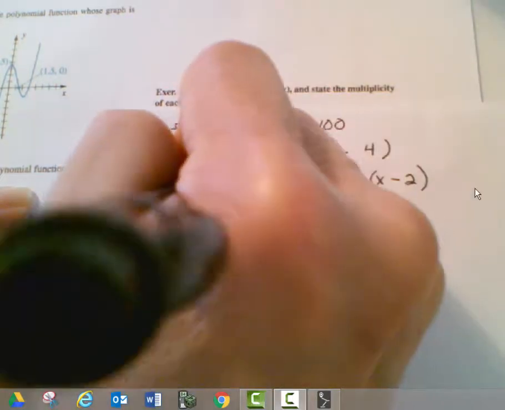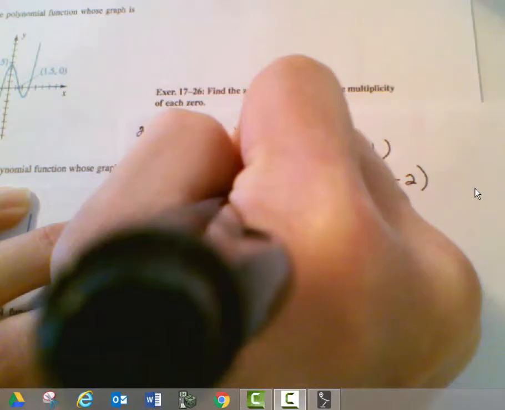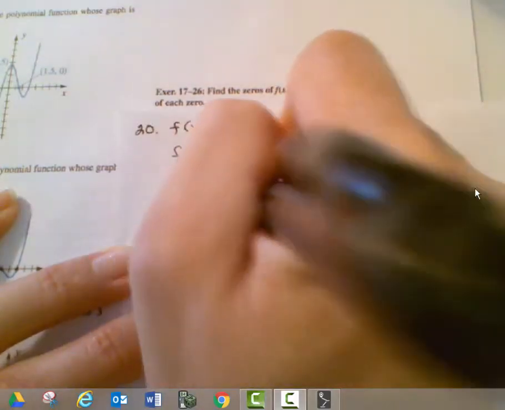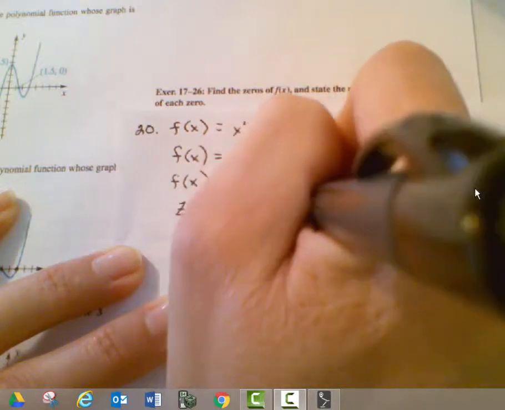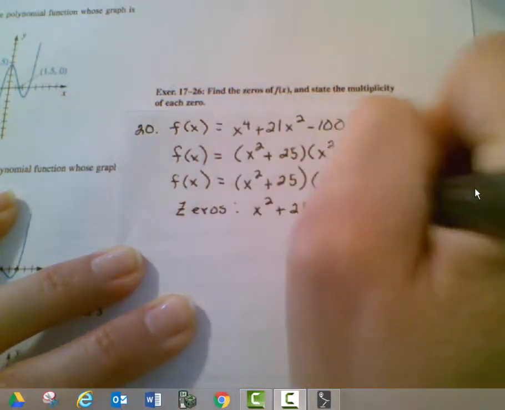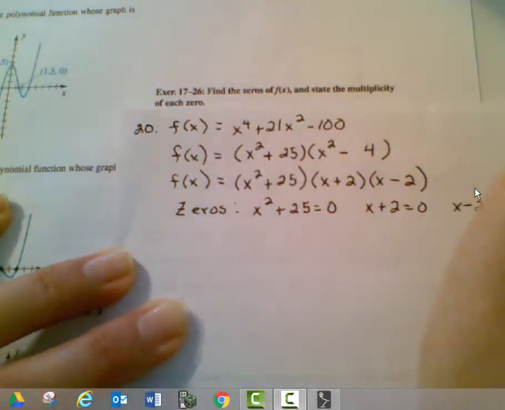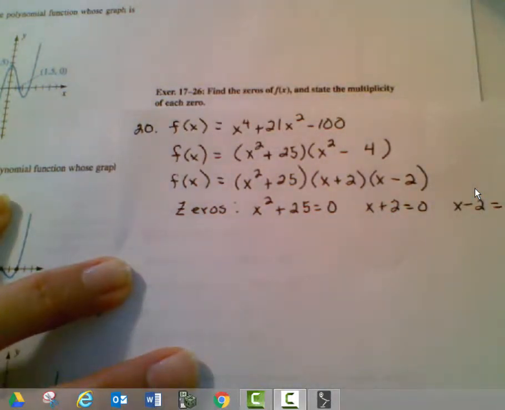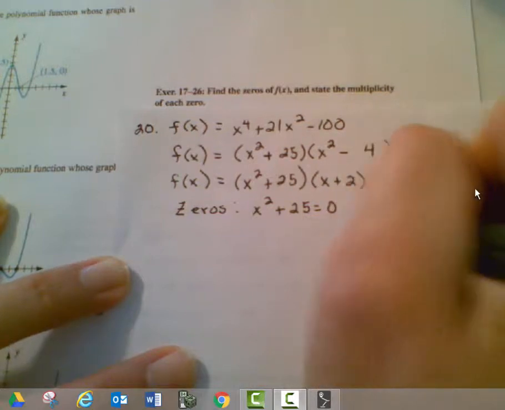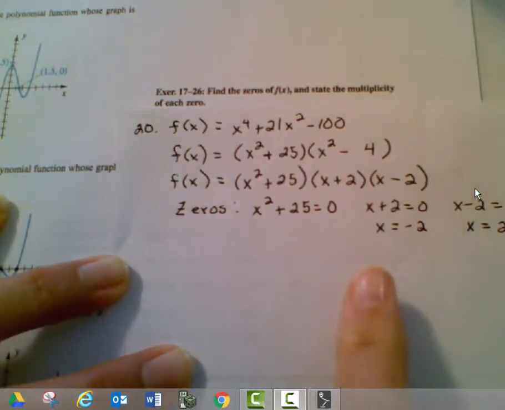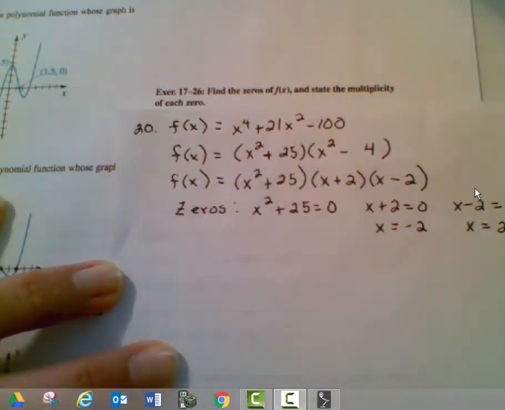And so we can get the zeros of this function by setting each factor equal to 0. And I can see that I'm only going to have 2 real zeros, or 2 x-intercepts, -2 and +2.